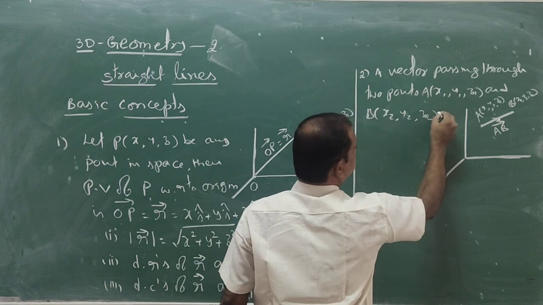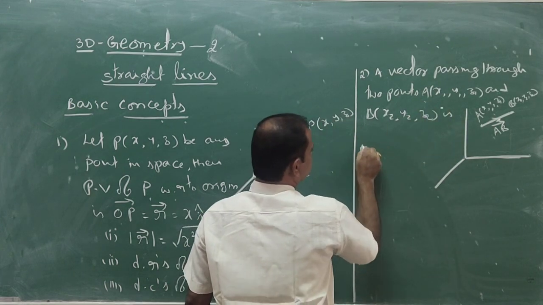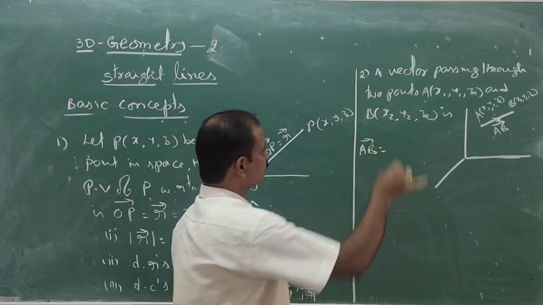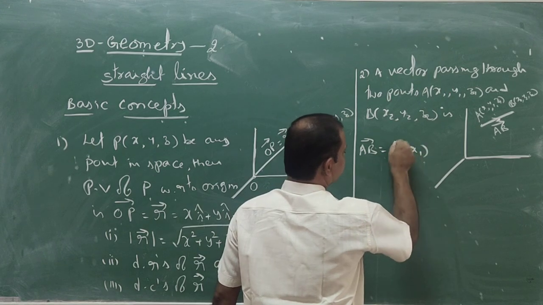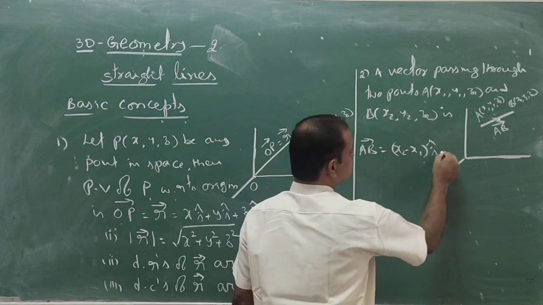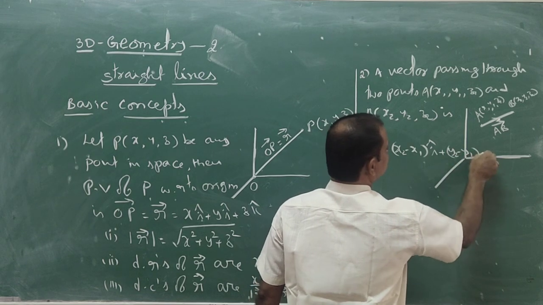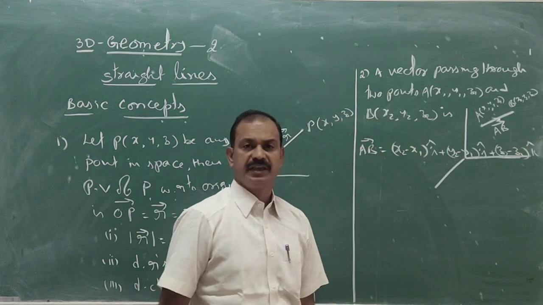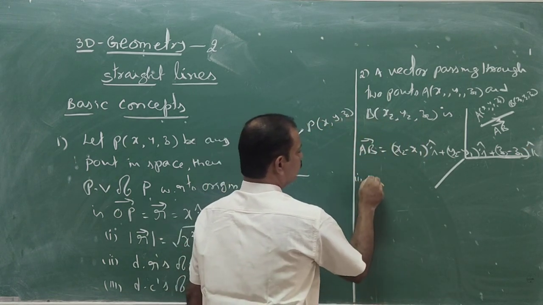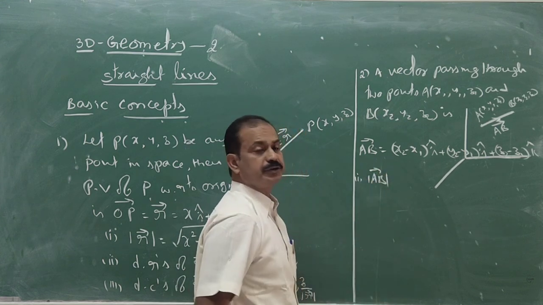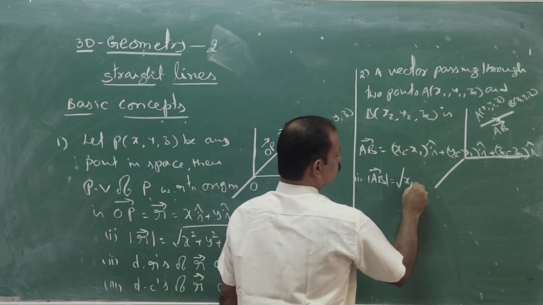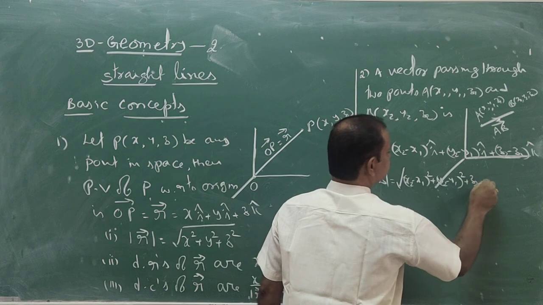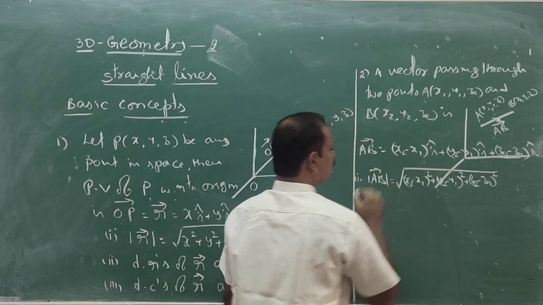The vector passing through the 2 points A and B, written as in the chapter on vectors, is AB equals x2 minus x1 into i cap plus y2 minus y1 into j cap plus z2 minus z1 into k cap. From this, the magnitude of AB is the square root of x2 minus x1 whole square plus y2 minus y1 whole square plus z2 minus z1 whole square.